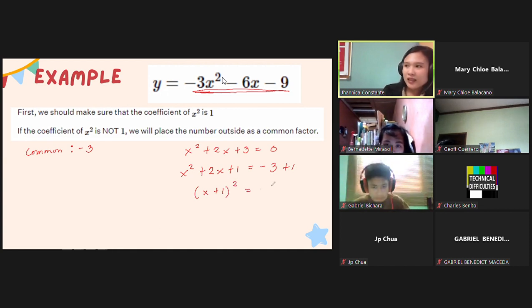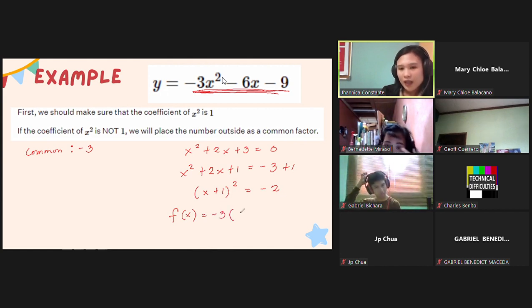Equals -2. So the vertex form of the quadratic function -3x squared minus 6x minus 9 is f of x equals your common factor, -3, times (x plus 1) squared, transpose -2, so you have +2.